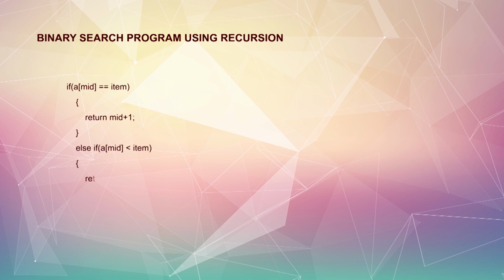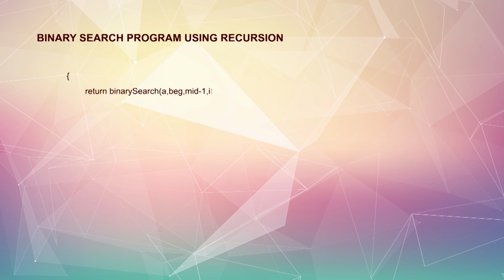Otherwise you cross-check again: if A of mid is less than item, return binary search with mid plus 1, end, item in the bottom half, else the item should be in the upper half, so return binary search with beginning, mid minus 1 and item. And I write down return -1. So this is the output.